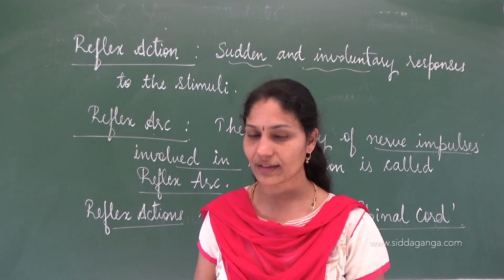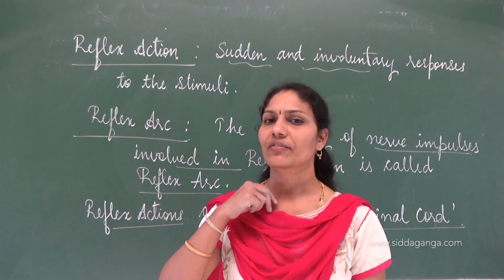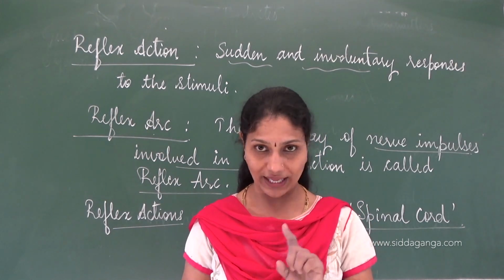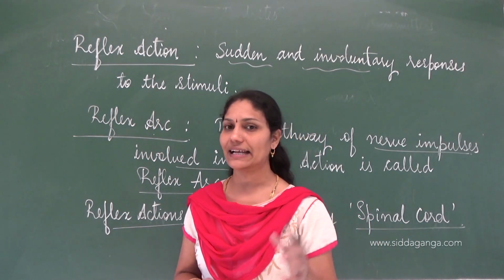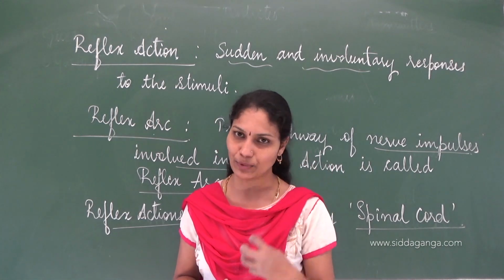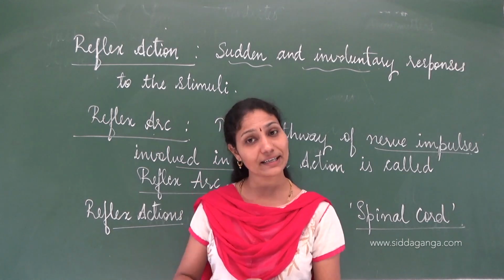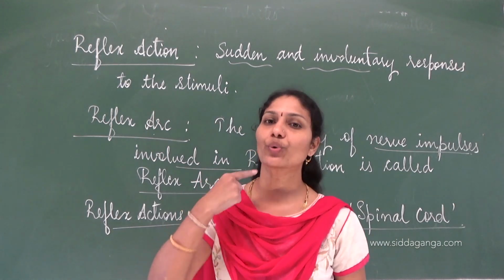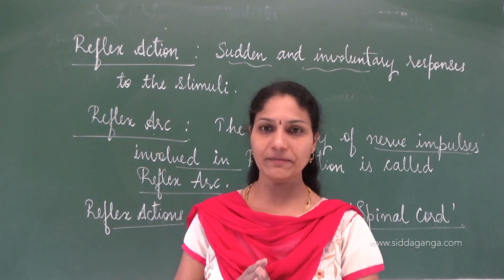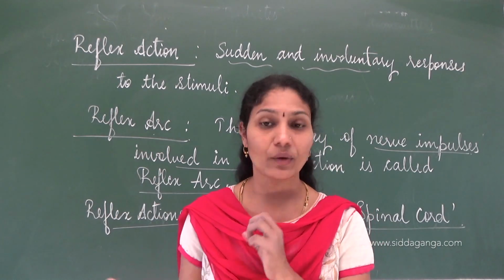I repeat, the sudden and very quick responses are possible when the nerves that receive the external stimuli are directly connected to the nerves that show responses. If they are interconnected, the responses would be very quick.